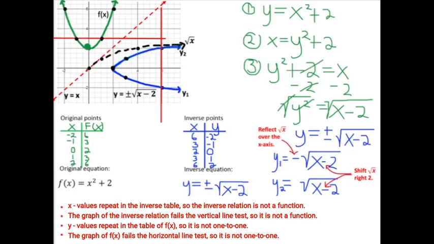But if I had restricted it down to the negative values up to 0, then I would have had the bottom half here, which is just the negative square root of x minus 2, y1. So by restricting the domain of f of x, I could have had an inverse function. But without doing that, it is not invertible. And on the next slide, I'll just show you what that looks like.